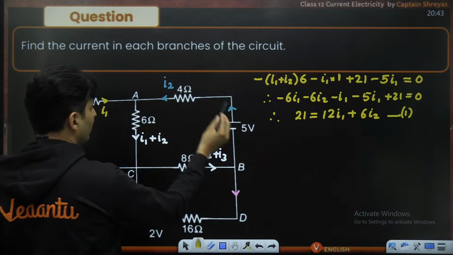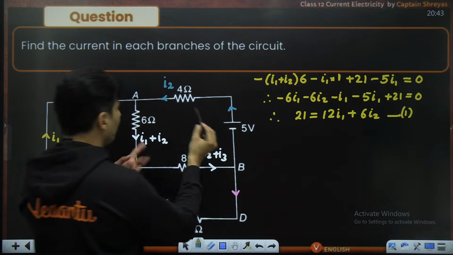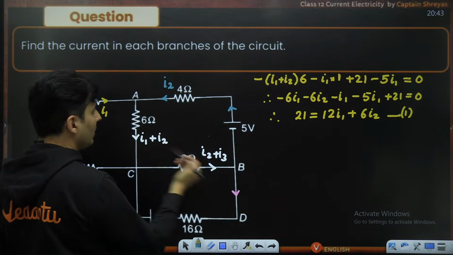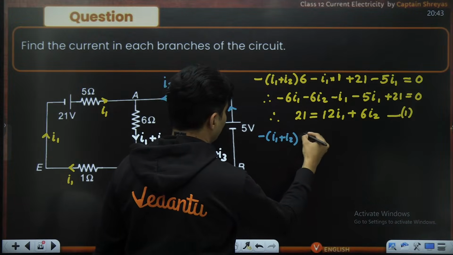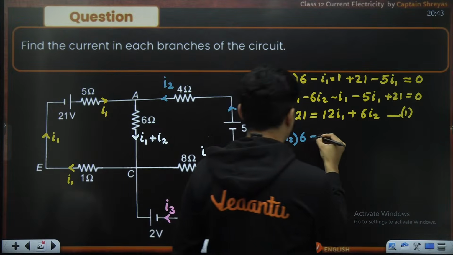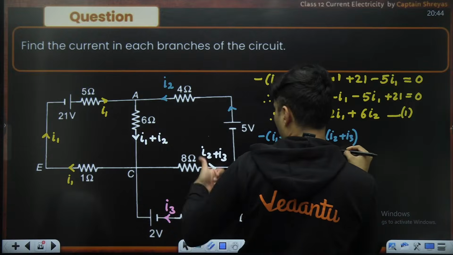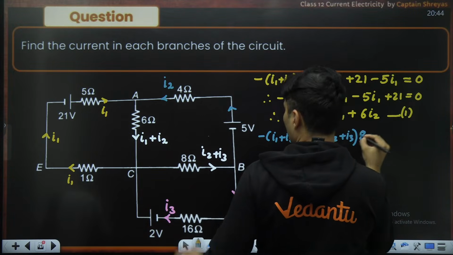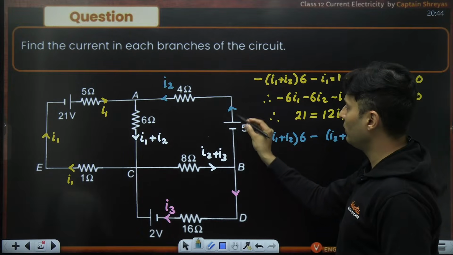Same thing you can apply for this part of the circuit also. Again, if you apply, what will it look like? Let's say I start from point A only. So minus I1 plus I2 multiplied by 6. This branch I2 plus I3, so minus I2 plus I3 multiplied by 8. Okay, battery of plus 5, negative to positive.